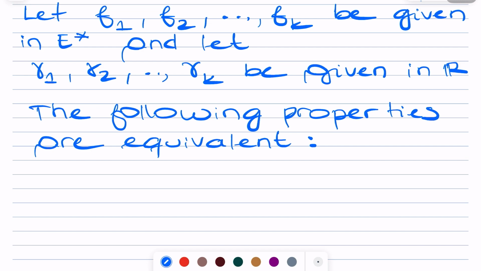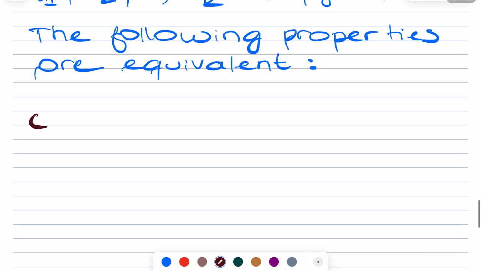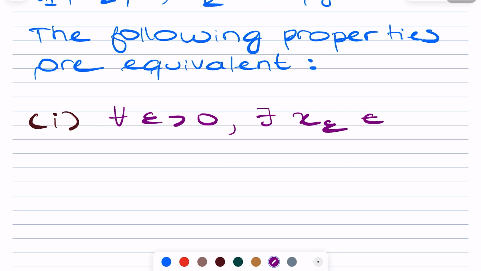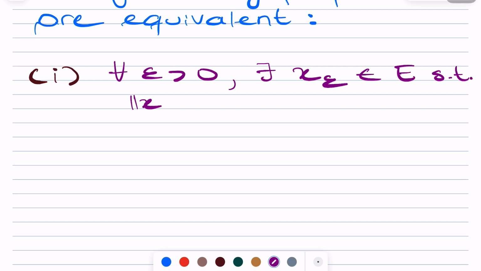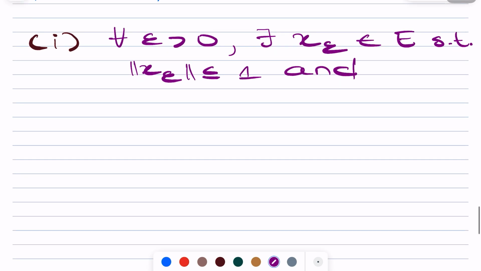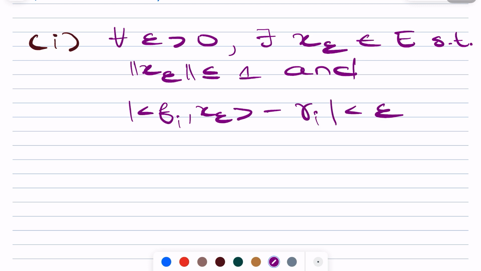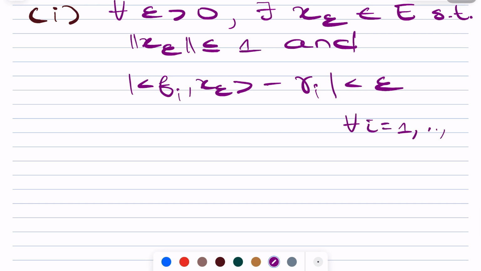So the first one, number 1: for every epsilon positive, there exists x epsilon in E, which obviously depends on epsilon, such that the norm of x epsilon is less or equal than 1, and the absolute value of the dual pairing Fi at x epsilon minus gamma i is strictly less than epsilon for every i moving from 1 up to k.